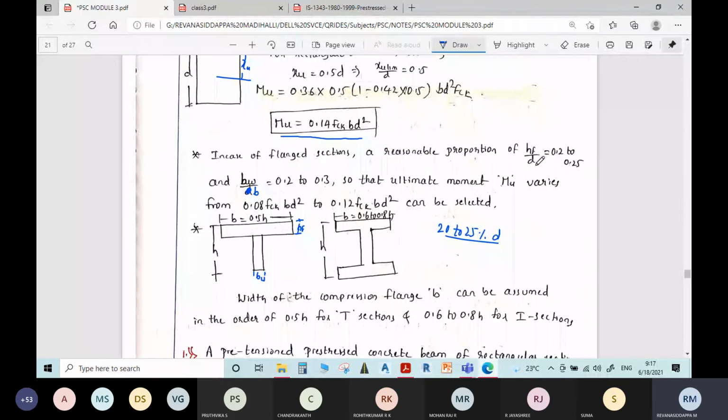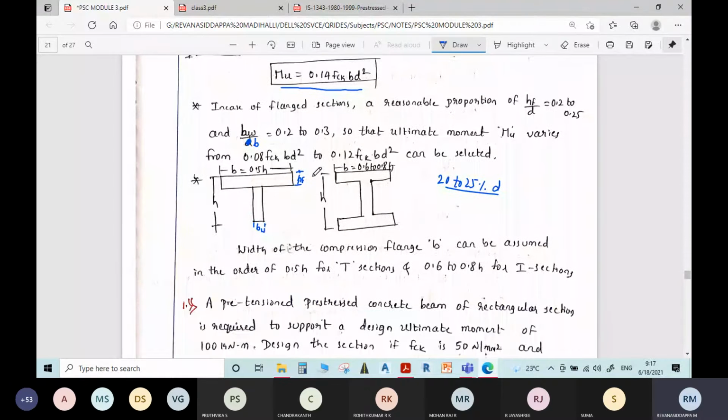Similarly, if you substitute these conditions, hf by d is equal to 0.2 to 0.25 or bw by b is equal to 0.2 to 0.3, in that moment formula of the flanged section given on page number 96 of IS 456, the final moment carrying capacity formula you will get is from 0.08 fck bd square to 0.12 fck bd square.